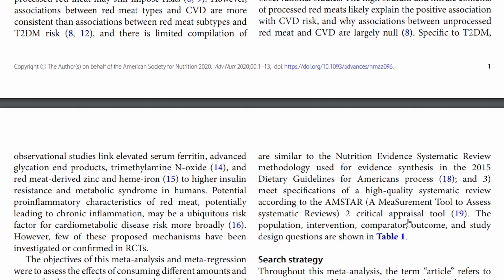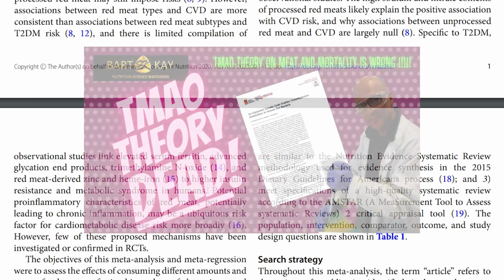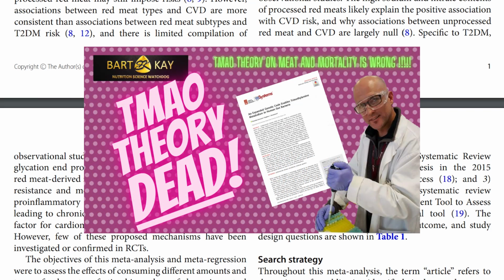Specific to type 2 diabetes mellitus, observational studies link elevated serum ferritin, advanced glycation end products, trimethylamine N-oxide, and meat-derived zinc and heme iron to higher insulin resistance and metabolic syndrome in humans. Okay, so I have personally previously covered the TMAO argument on another YouTube channel that I run.